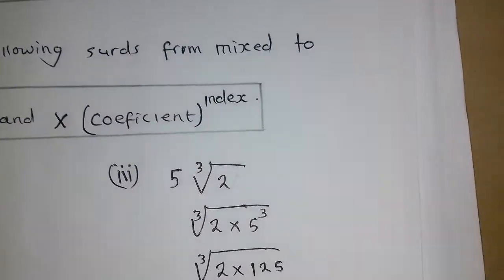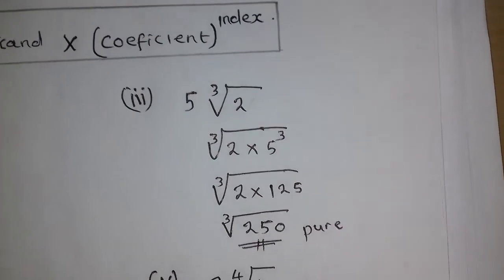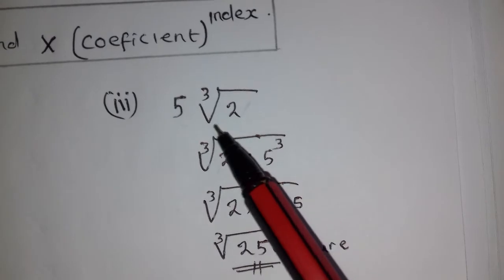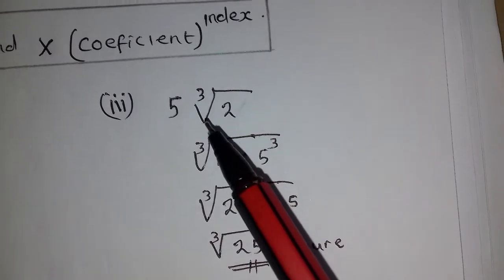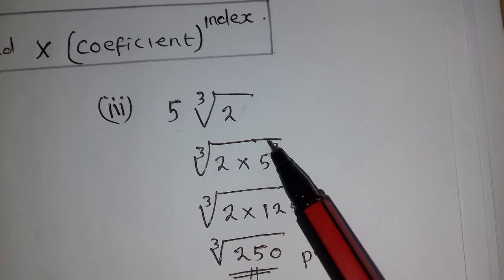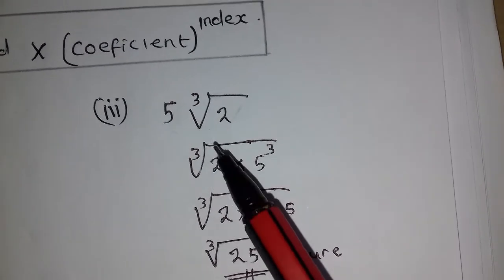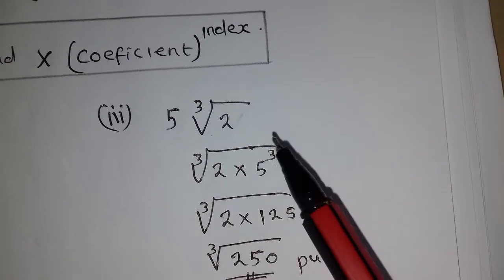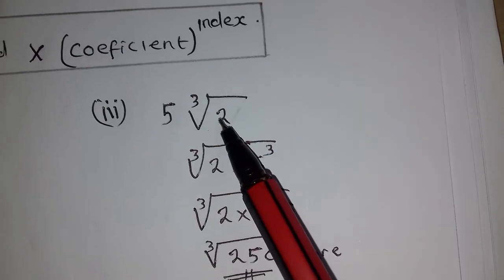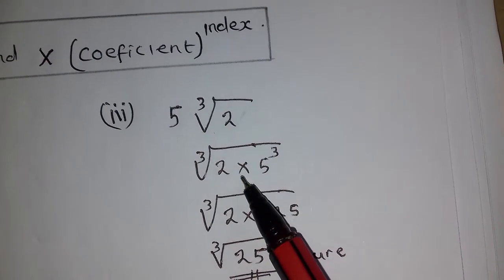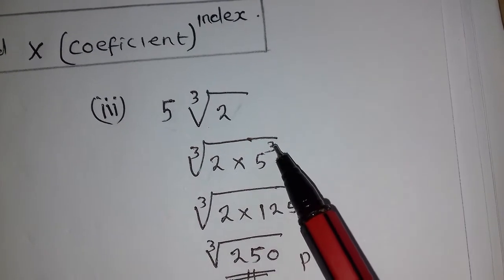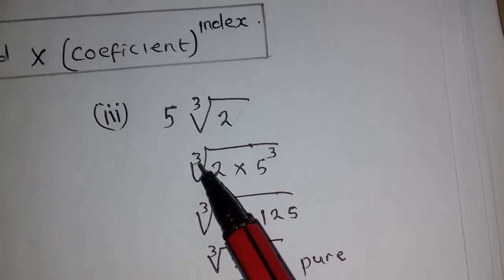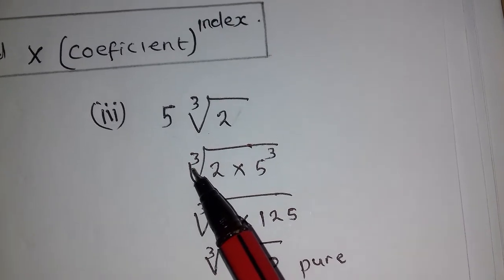Okay, let's look at 2 more examples under the same. How do we convert this one? This is a mixed SAD because the coefficient is greater than 1. So what we do, we write the radical sign together with its index. So we have the cube root of, this 2 remains the same 2, times this one goes inside and raise it to the power index here.